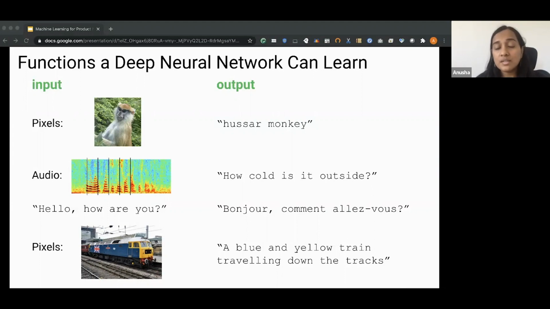And beyond just understanding what's in an image, it can also describe what's in an image, as you can see here. It describes that the image consists of a blue and yellow train, which is traveling around the tracks. This has made this whole area of ML applications quite powerful because of some of the key applications that I talked about right now with deep neural networks.